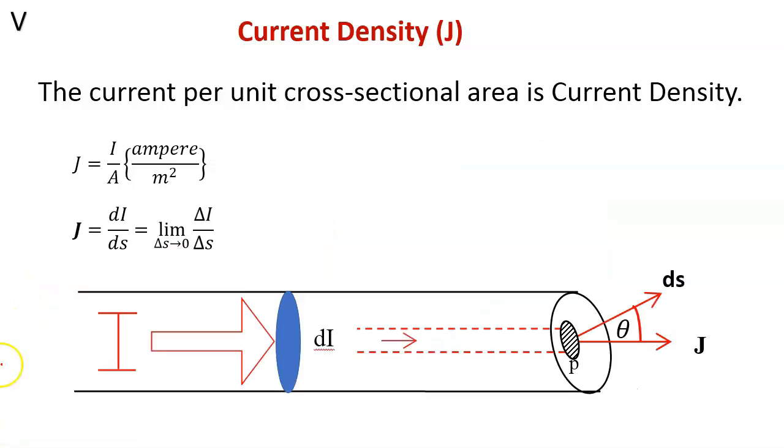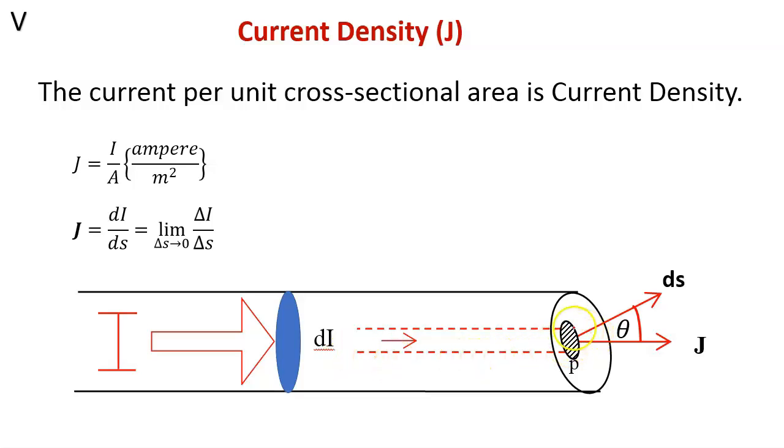Now let us presume that I is the current flowing through the conductor, and here this cross-sectional area we have charted with blue color, and the motion of charges is altogether perpendicular to this area.